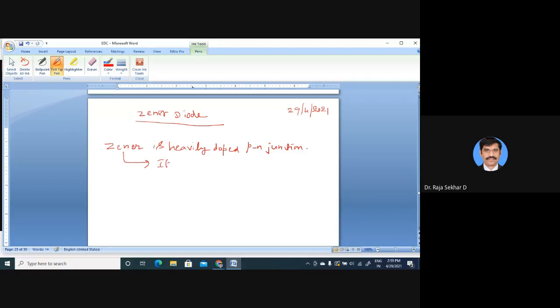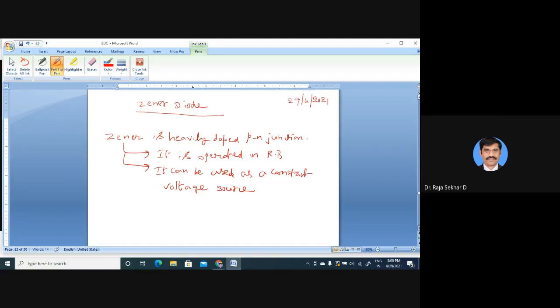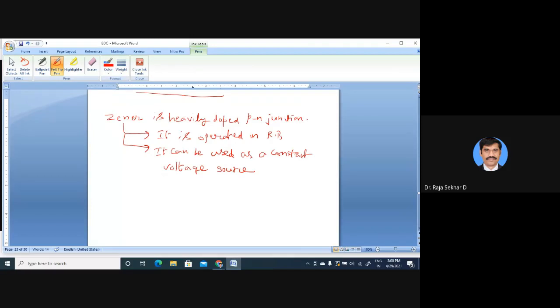It is operated in reverse bias. The main application is as a constant voltage source. So it is operated in reverse bias, that is, the breakdown region.